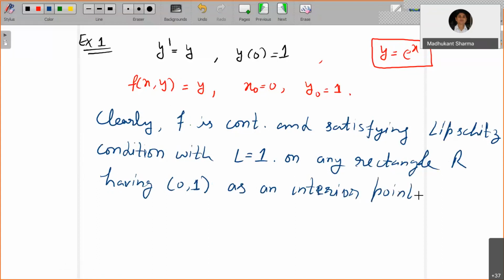So you take any rectangle R covering this point. So f will satisfy both the conditions. So Picard's theorem is applicable, and hence a solution will exist and it is unique.